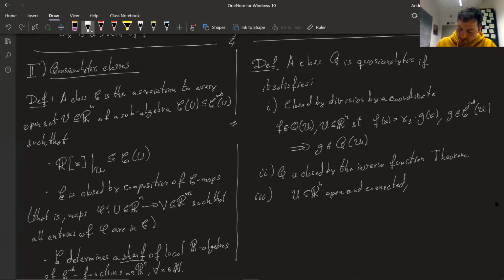If I take U open and connected, and a point a in U, then we take the Taylor map at a, which goes from all the quasi-analytic functions over U to the formal power series at a, so that for every a we associate the Taylor expansion at a, which I'm just going to call f with a little hat. The Taylor expansion at a is injective.